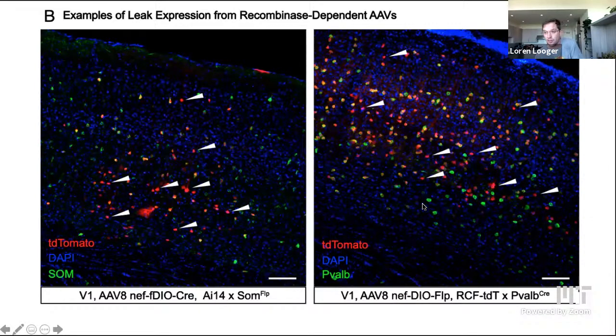The green and the red should overlay, but what you see is that you are expressing in some cells that you shouldn't be. That's a big problem, particularly if you're doing optogenetics or another effector, because if you're doing imaging or labeling, you could maybe just ignore those cells. But if you're firing your effector in cells you didn't intend to, then that's a real problem.